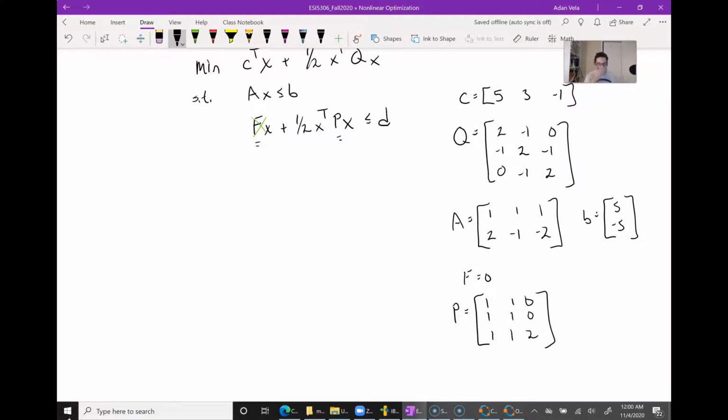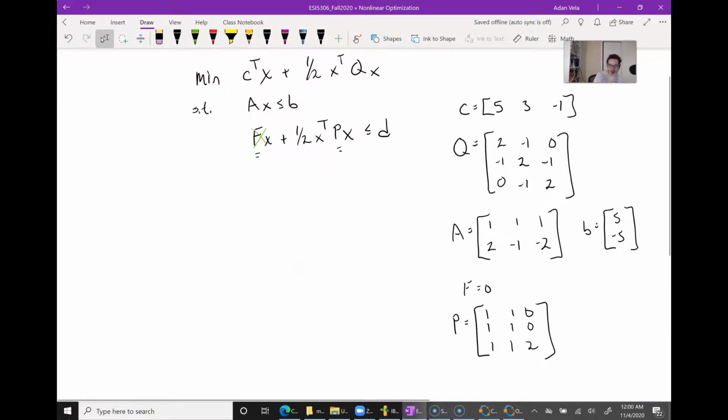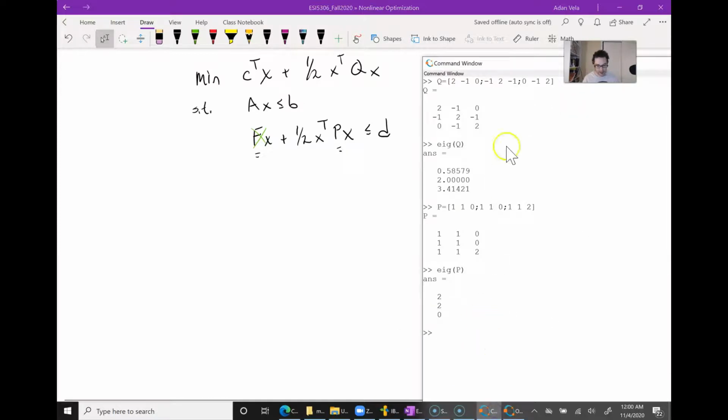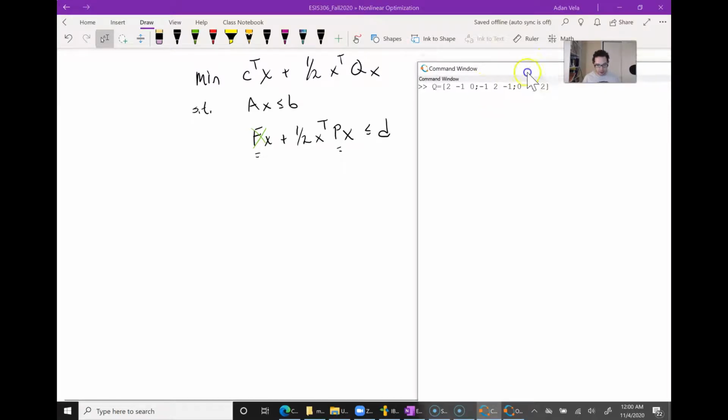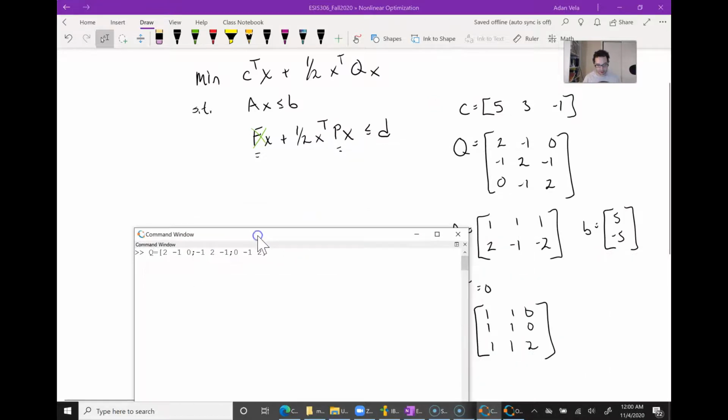Okay, so one of the first things that we're going to check is whether Q and P are positive semi-definite. I probably already did this, so I'll just do it again. The first thing is we can type in what Q is, and I'm loading up Octave. If you have MATLAB, use MATLAB. If you have access to Octave, then go ahead and install Octave.